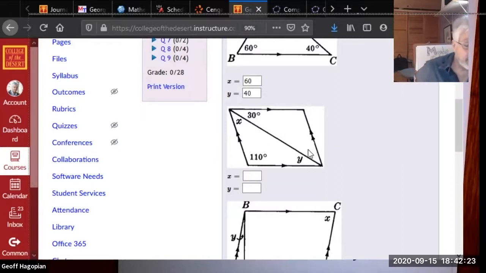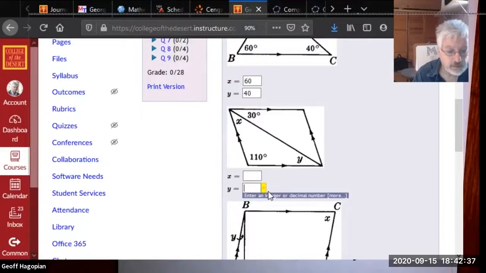Should we maybe jump to the next section at some point? Well, let's just sort of say that 30 degrees is equal to Y, right, because those are alternate interior angles when the diagonal cuts the opposite sides, which are parallel. And 110 degrees, how can we use that?